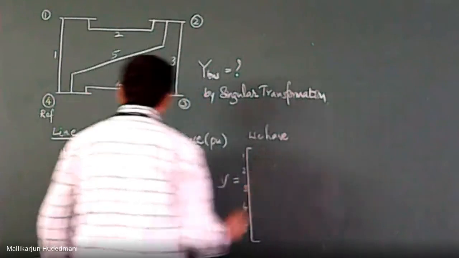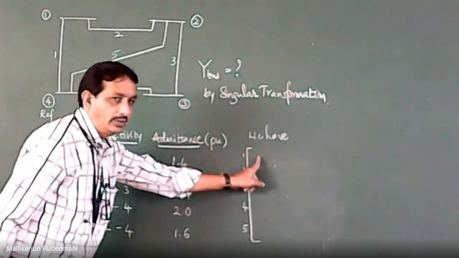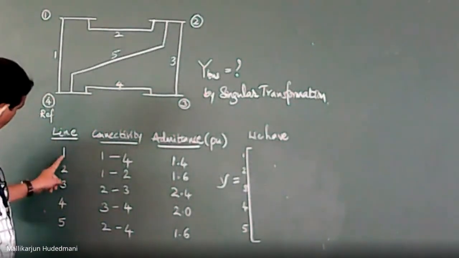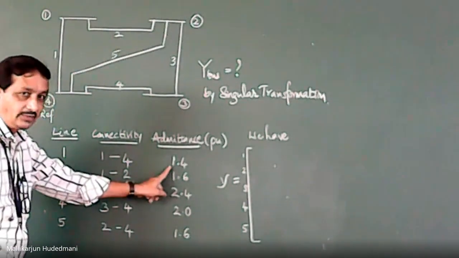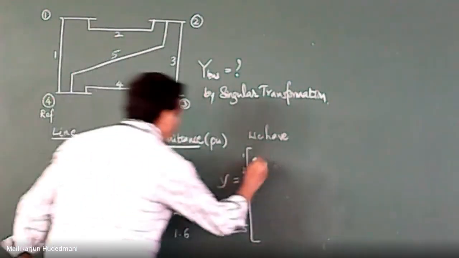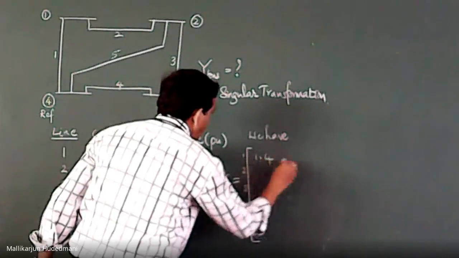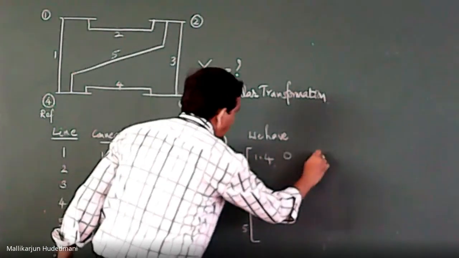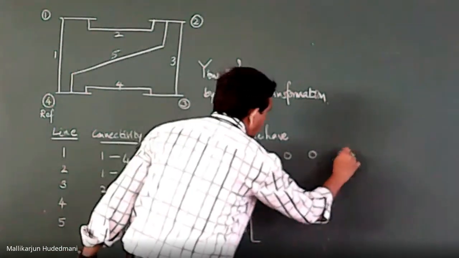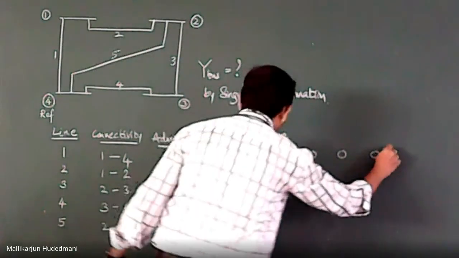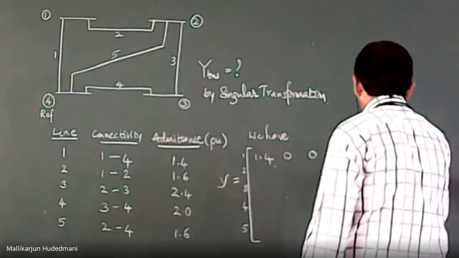So I write here, what is element number 1? 1 cross 1 is element number 1 whose admittance I should mention. It is 1.4. And element number 2 is 0, 3 is 0, 4 is 0, 5 is 0. So I close the bracket. Let me do it here and come back to you.